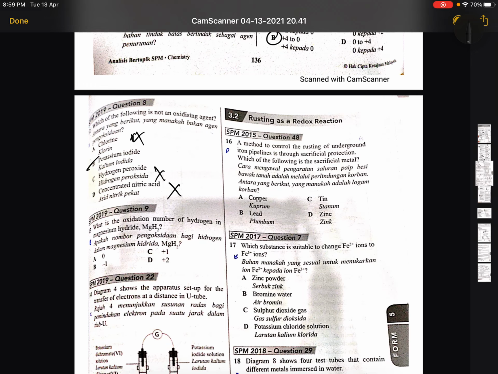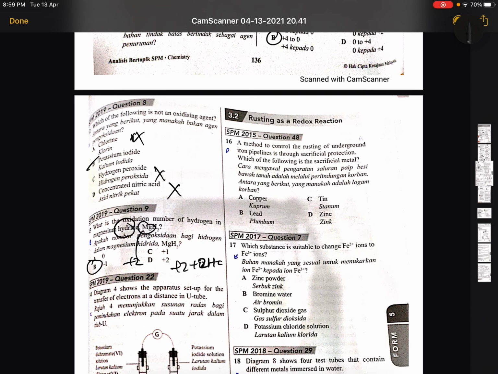Okay, what is the oxidation number of hydrogen in magnesium hydride? Hydrogen is always +1, but when it comes to a hydride, hydrogen's number becomes -1. So the answer will be +2. Actually, wait, no. Actually, never mind, yeah, I am correct. It is -1. Why? Because magnesium cannot be negative, so it's going to be the positive ion, +2.